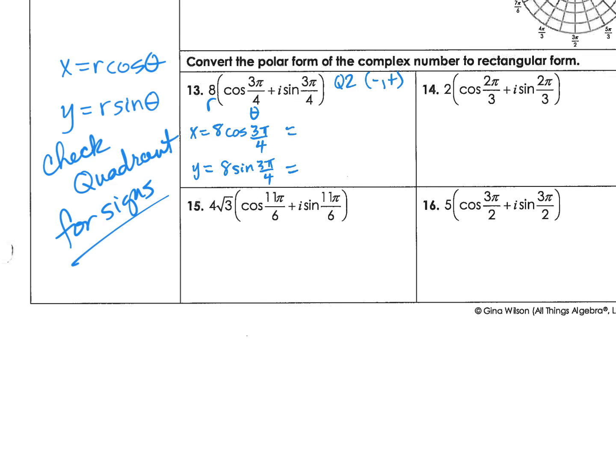What is the cosine of 3 pi over 4? Negative root 2 over 2. And the sine is positive root 2 over 2. So this is negative 4 root 2. This is positive 4 root 2. So this is the point, negative 4 root 2, 4 root 2.